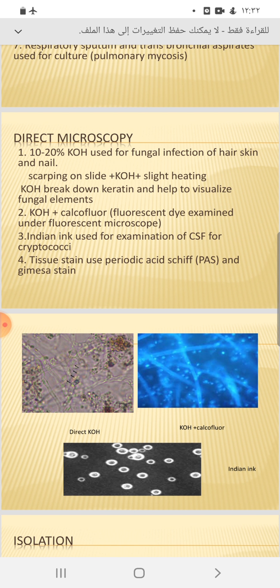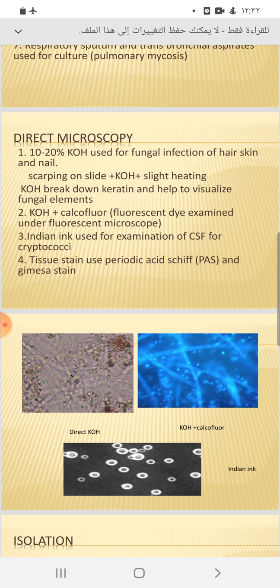The other method for microscopic examination is by using KOH plus calcofluor. Calcofluor is a fluorescent dye. Usually, this slide should be examined by the fluorescent microscope. Number 3 is the Indian ink.